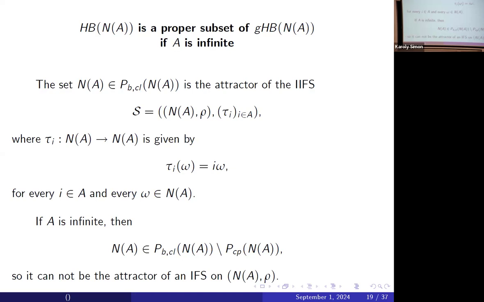We have tau_i from N^A into N^A, tau_i of omega is i omega, and it's not very difficult to see that N^A is the attractor of this system. So N^A is a generalized Hutchinson-Barnsley fractal, but when the set A is infinite, then N^A is not compact. And therefore, it cannot be the attractor of an iterated function system with a finite number of functions.